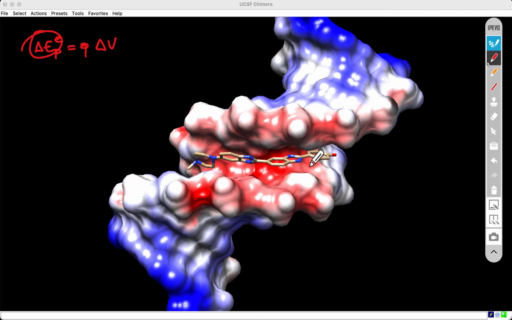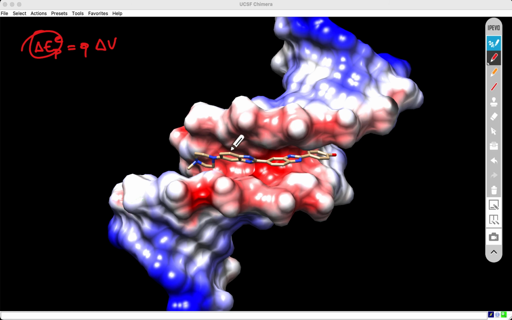So when the small molecule binds in the area where the potential is the most negative, this is one way to maximize the interaction by maximizing the potential energy, or the absolute value of the potential energy.